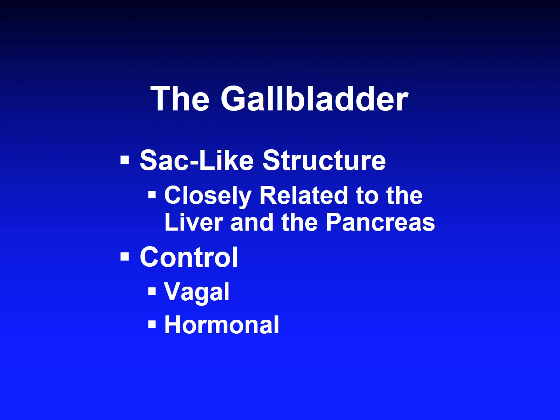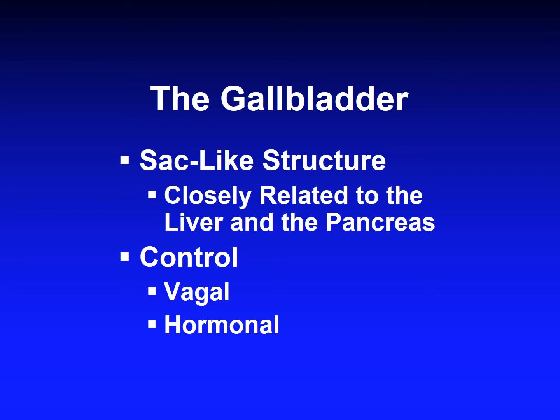So what is the gallbladder? The gallbladder is a sac-like structure that's attached to the liver, and it secretes gall, which contains bile and other molecules that we will be talking about in a few minutes.